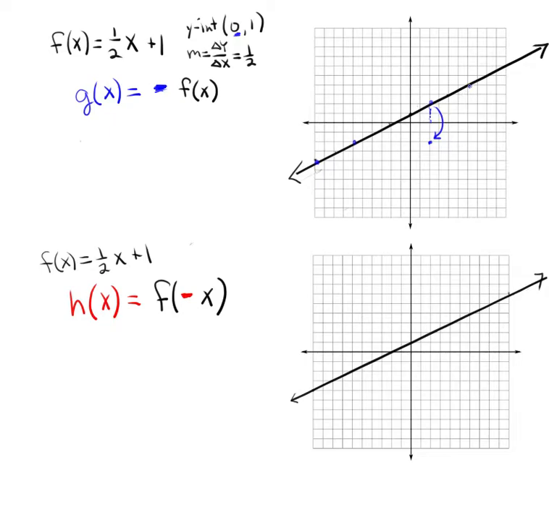Same with this point up here. It is 1, 2, 3, 4 units up, so that would be a +4. So when we take the opposite of that output, the y value, it will be 4 units in the negative, so 4 units down.